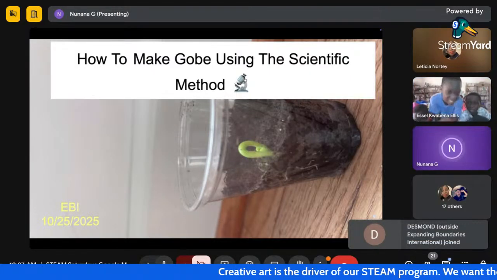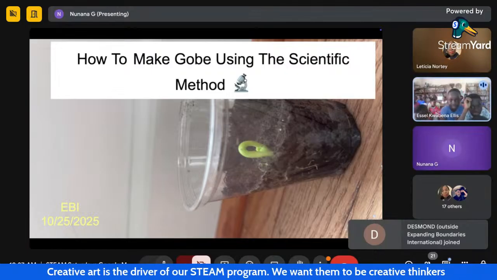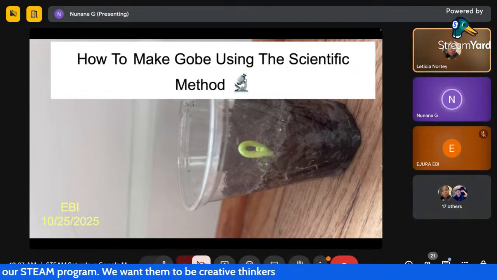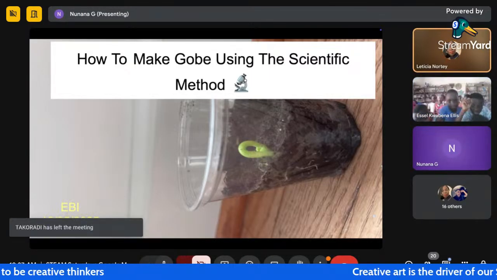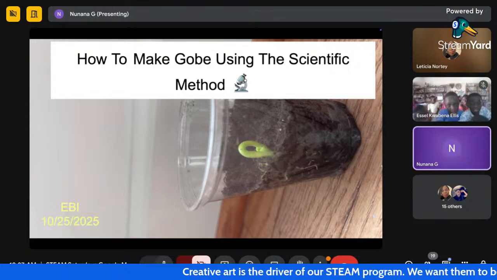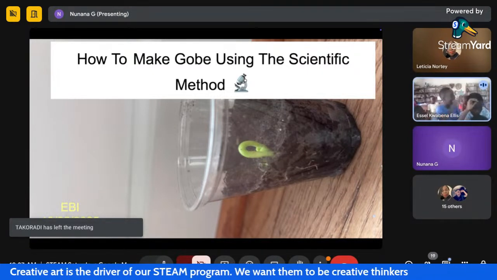Can you guys hear me? Yes, loud and clear. Okay, what is the main ingredient in gobe? Beans. How do we get beans? From farmers.